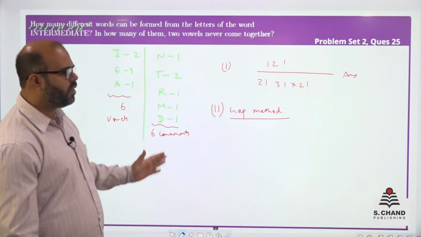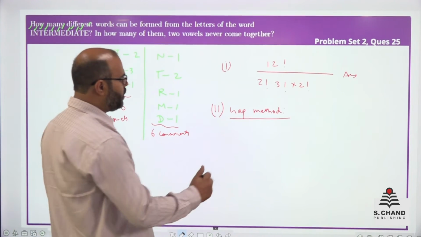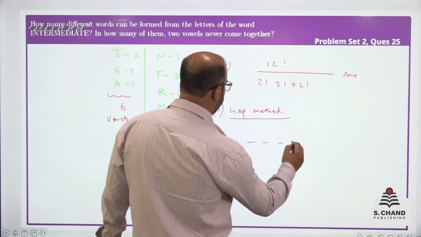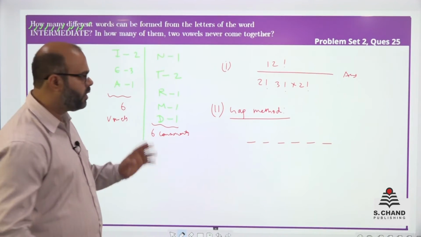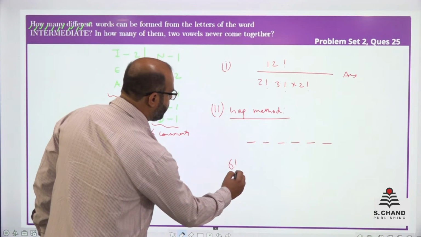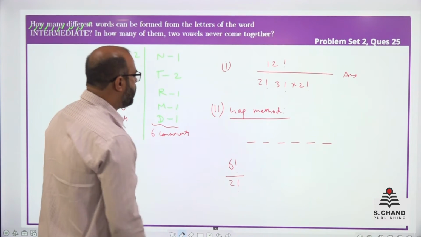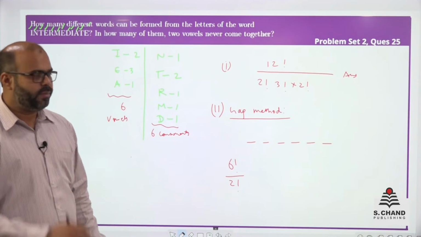So consonants have no condition on them. So let us arrange the consonants in 6 places. In how many ways? 6 factorial upon 2 factorial, because T is repeated 2 times.